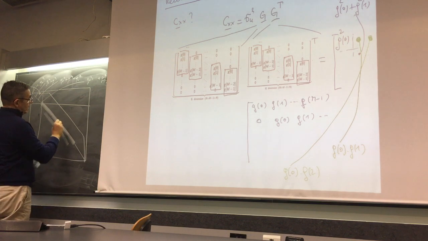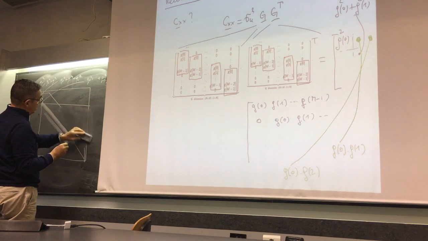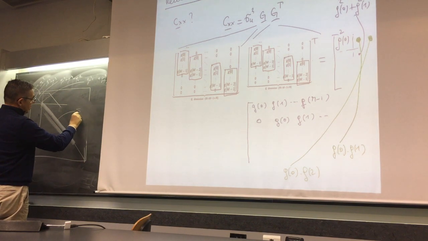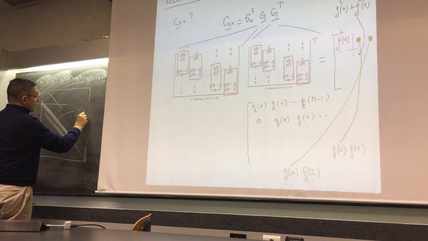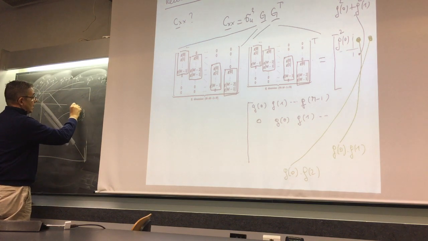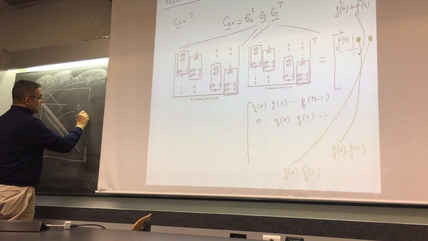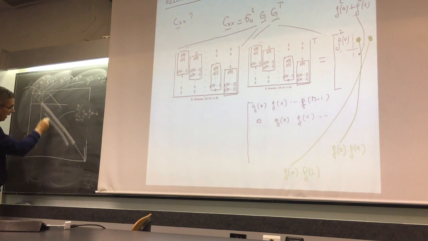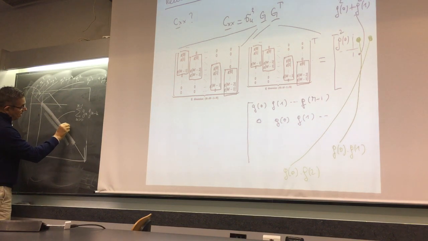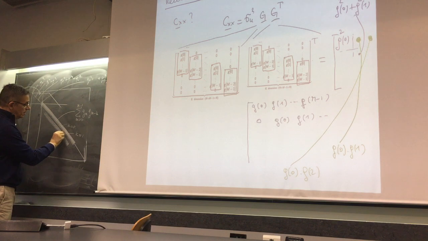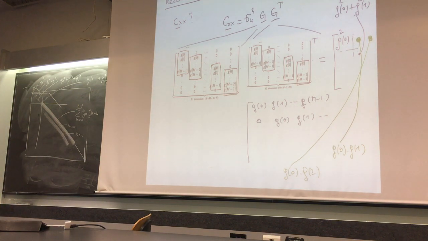The entry here is the sum for m equals 0 to capital M minus 1 of G of n minus k, and k is the index of the diagonal. So this is for k equals 0, and it's a power. This one is for k equals 1, this is the off-diagonal 1, and so forth.